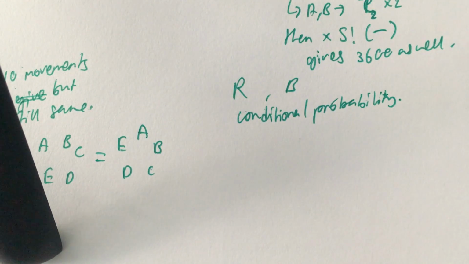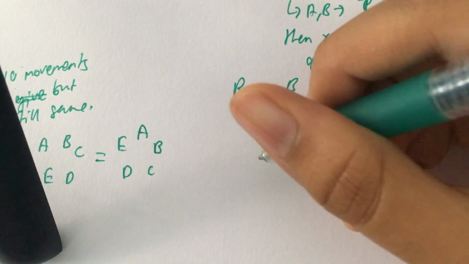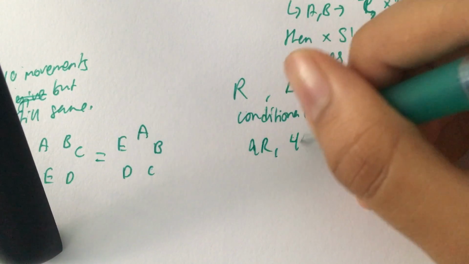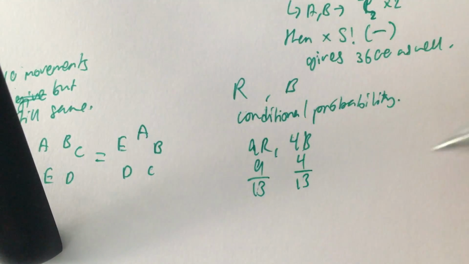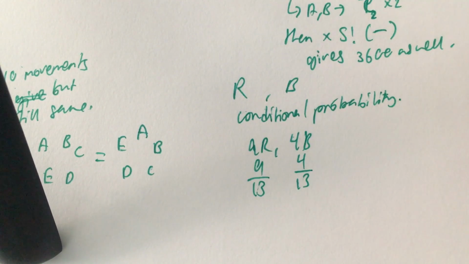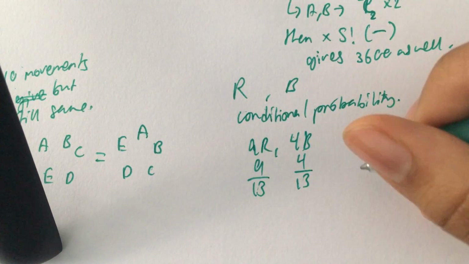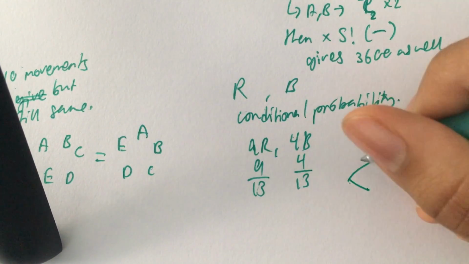Your probability of getting red is 9 over 13, and your probability of getting blue is 4 over 13. The very first counter you take will change the probability already. It becomes something over 12 instead of something over 13. So when you're multiplying the probability, you have to take note of the changed probability.